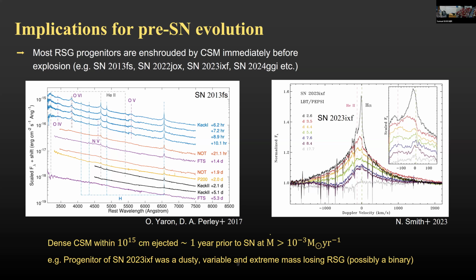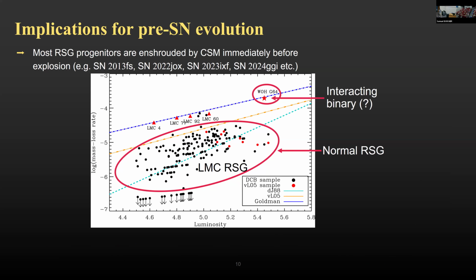And we see quite a similar thing with WOH G64. And as for the dust-enshrouded red supergiant, the only dust-enshrouded red supergiant that we know of in the LMC may not even be a single star, but maybe a binary star. That possibly means that the dust enshroudment that we see in the pre-supernova evolution is driven by binary interaction. It's not a single star phenomenon.